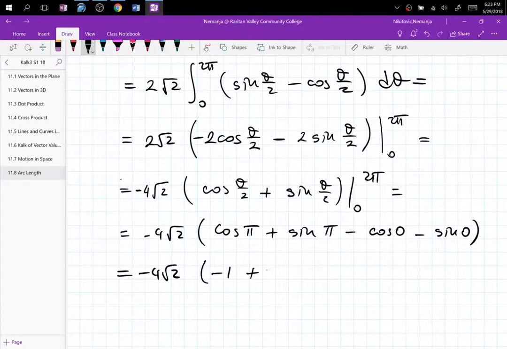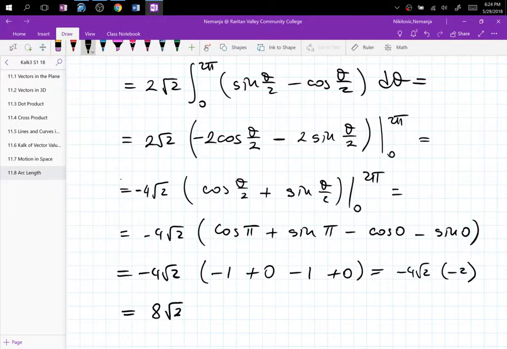Sine of pi is 0. Cosine of 0 is 1, so negative 1. And sine of 0 is 0. So that's negative 2. So negative 4 root 2 times negative 2 gives me 8 root 2, and it's positive. But now you say that the answer is 16.